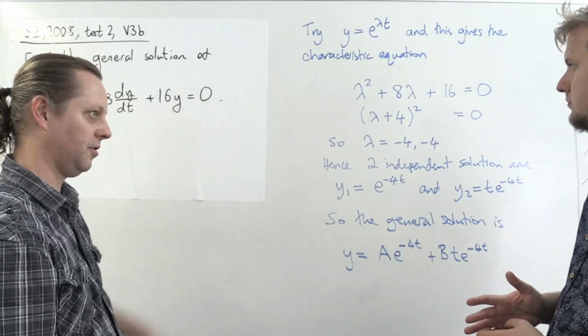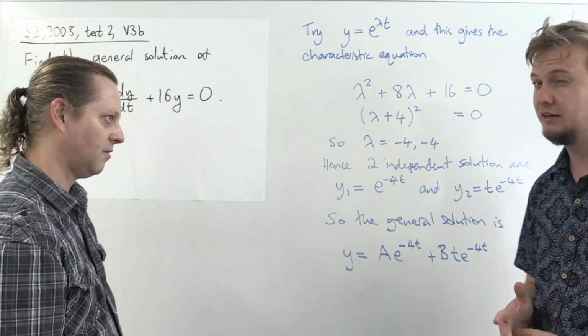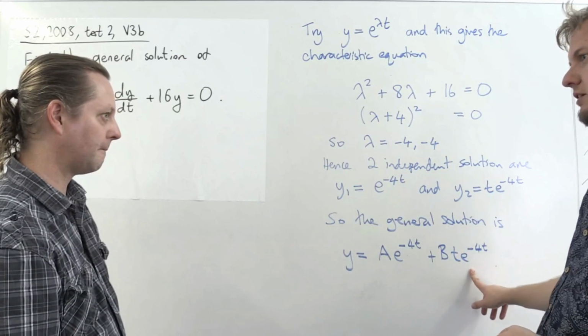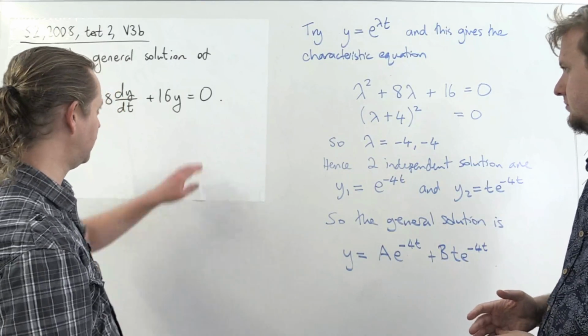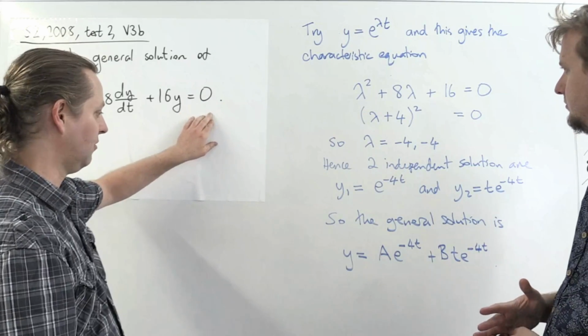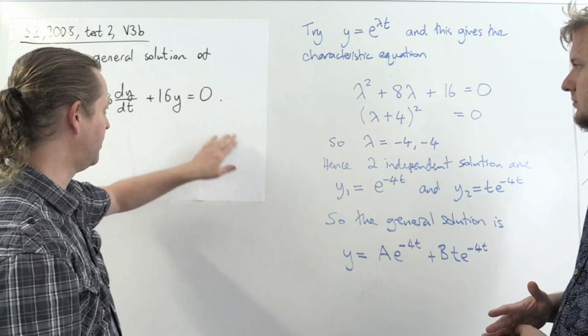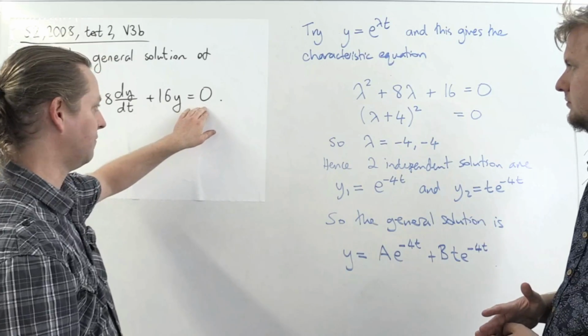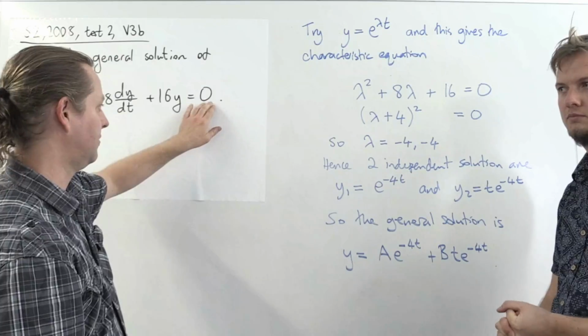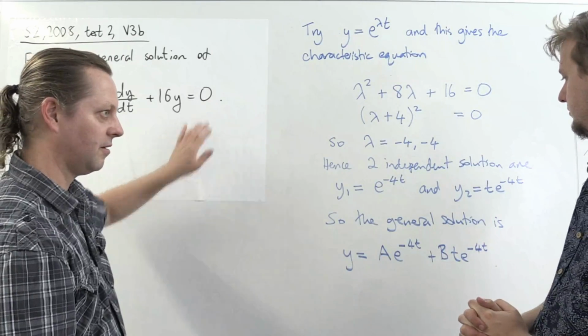And then what do you do? Well, there are a lot of cases you need to think about. There's especially a case that happens when this thing turns up. It's probably a long thing we don't need to do here, but you would be guessing something of the form like this. There's a table in the notes that tells you what you should guess for each of the different forms you have on the right hand side. Yes. Yep.